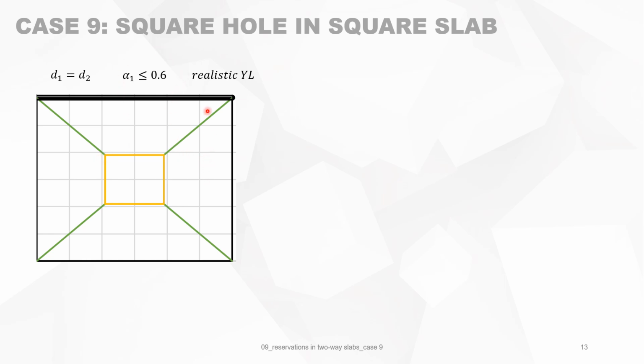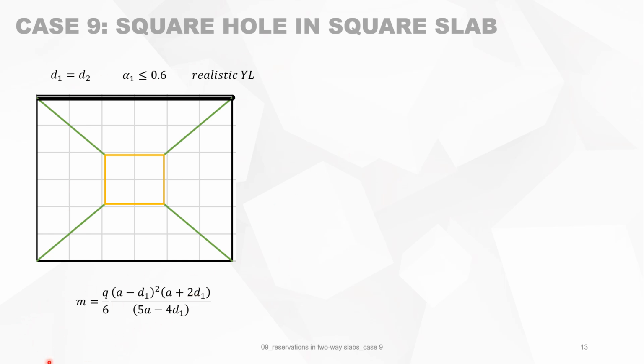That means that around it, you always have at least 0.2 times A free space. So the reservation cannot be bigger than this, cannot be bigger than that. Why? Because otherwise you do not have realistic yield lines. The slab will not behave like we are thinking it should behave.